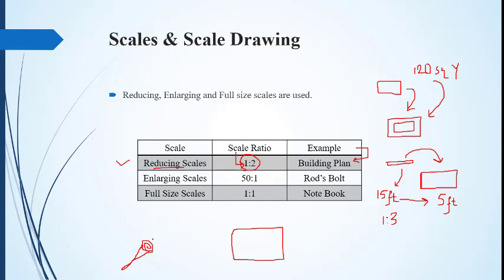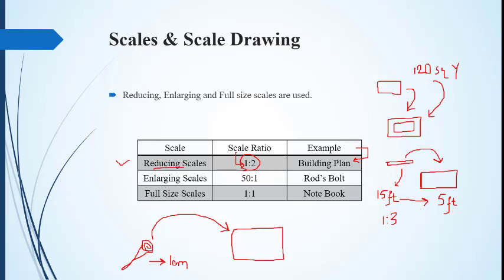However, its actual size is too small that is not recognizable to draw on the drawing sheet. For this purpose we draw the same object on a large scale. For example, its original size is 1 centimeter.